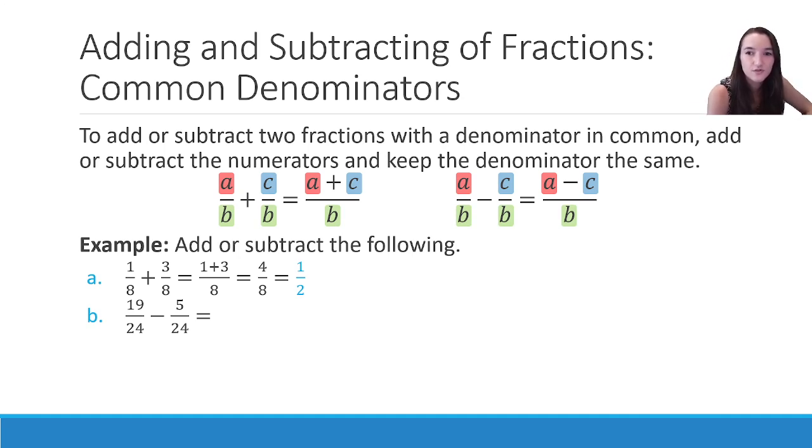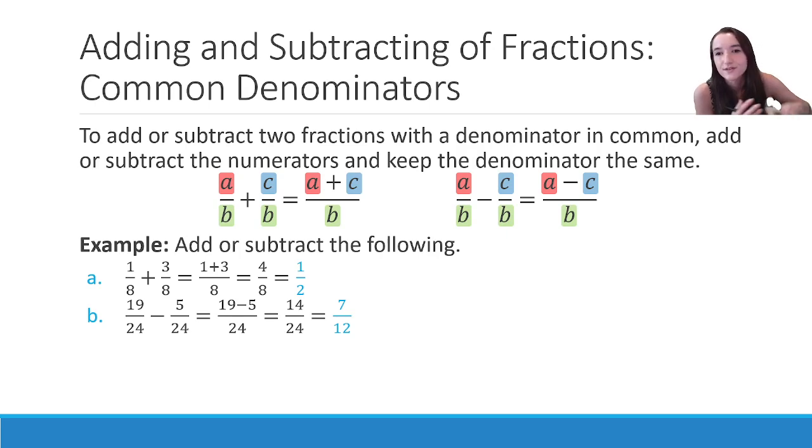But 19/24 minus 5/24 is just 19 remove 5 of those 24ths. 19 minus 5 is 14, so it's 14/24 will be left, which does simplify because both 14 and 24 are even numbers. So we can divide both of them by 2 to get 7/12, and then there's nothing more in common between them. That's as reduced as we can get.